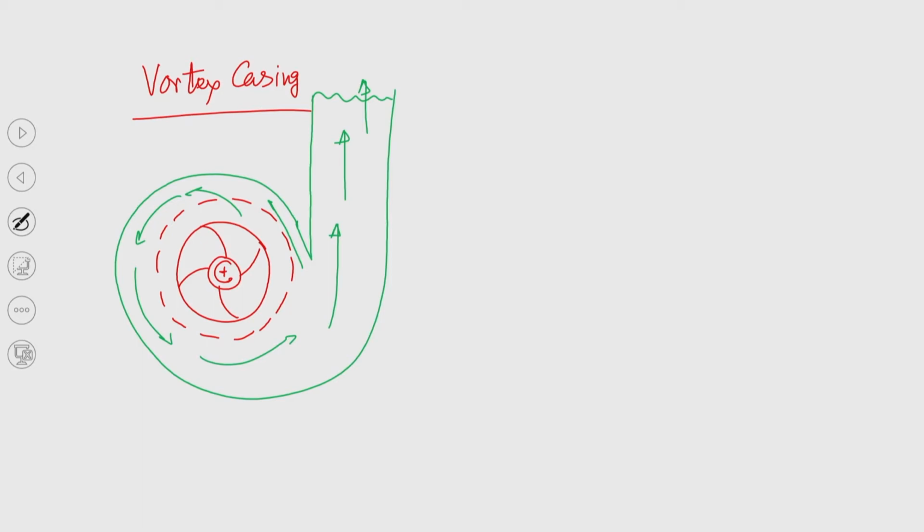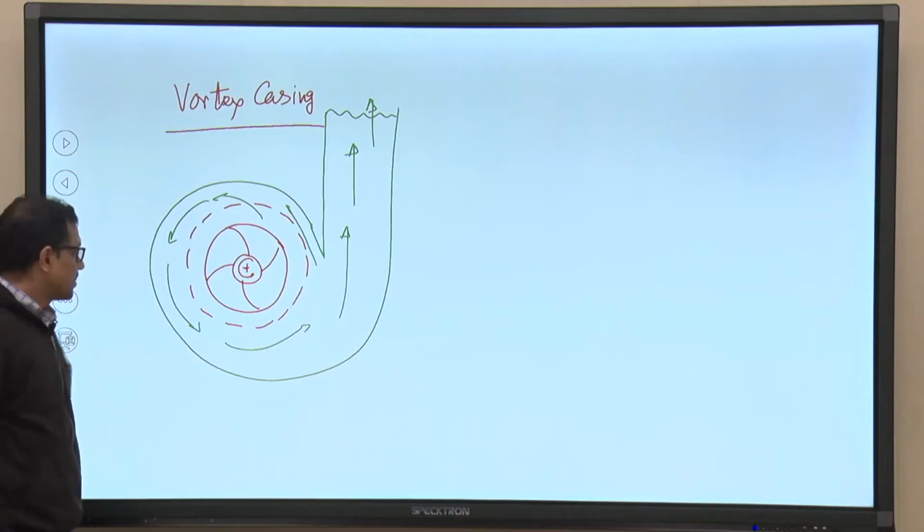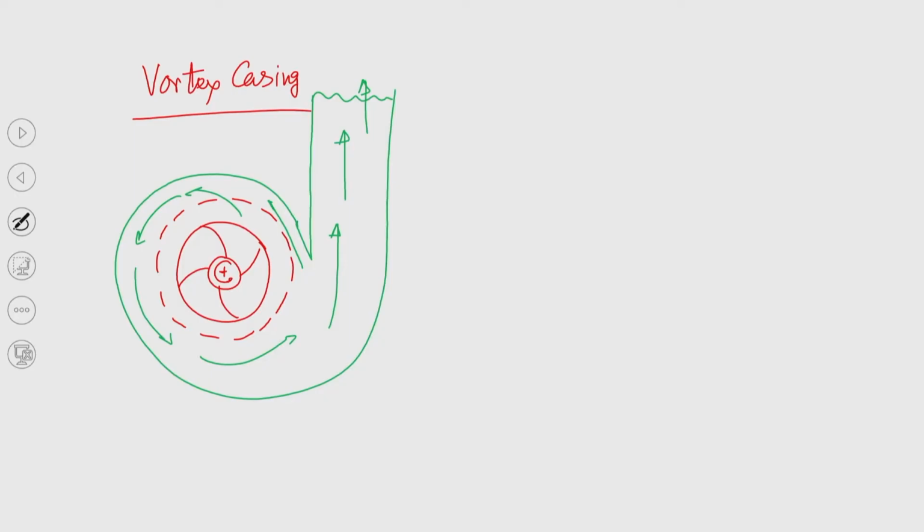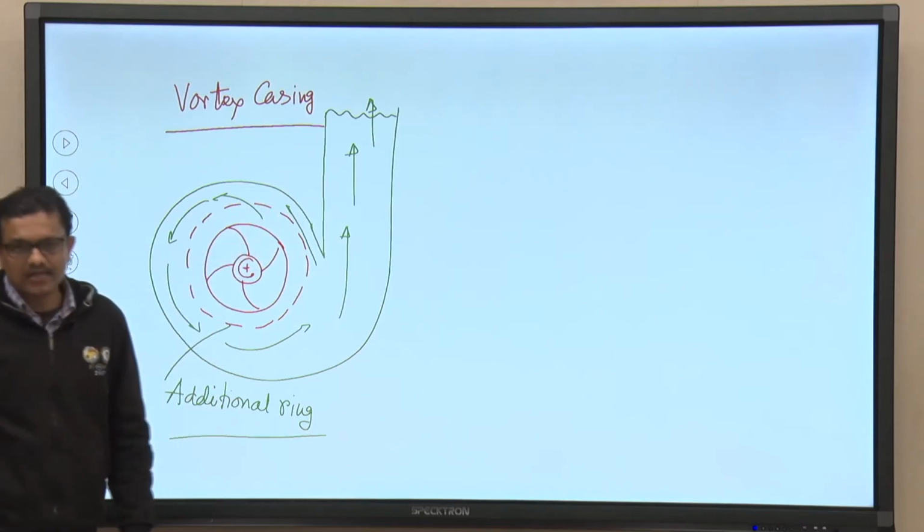You can see if we now compare this casing with the previous one, that is the volute casing, only one extra thing we can observe from this schematic is that there is an additional ring. See, this additional ring is placed in between the pump casing and the impeller, right.